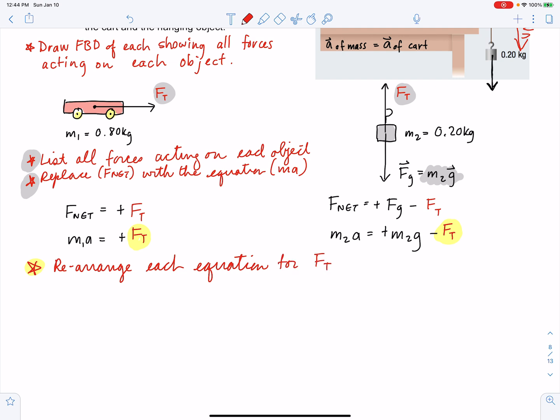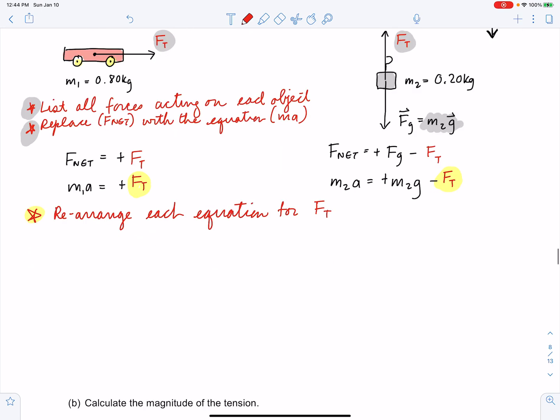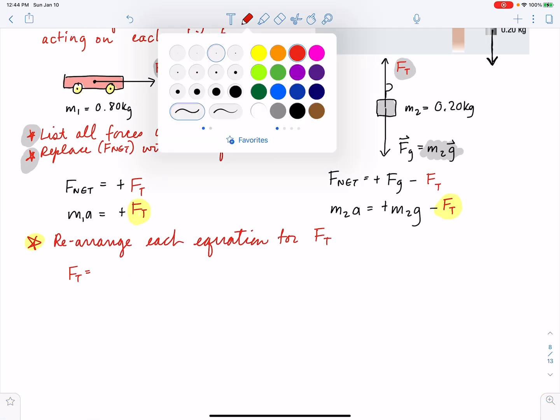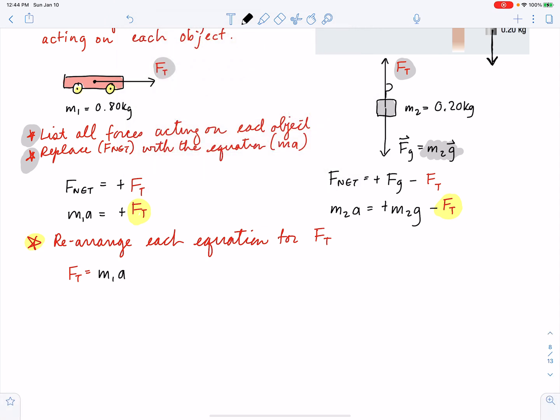So in this first example, force of tension is equal to M1A. And in this example, we're going to bring the force of tension over this side, and then we're going to bring M2A over this side.